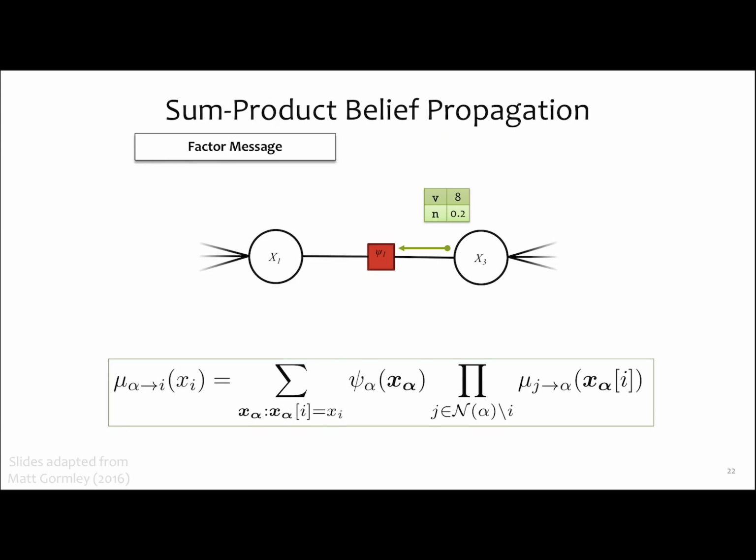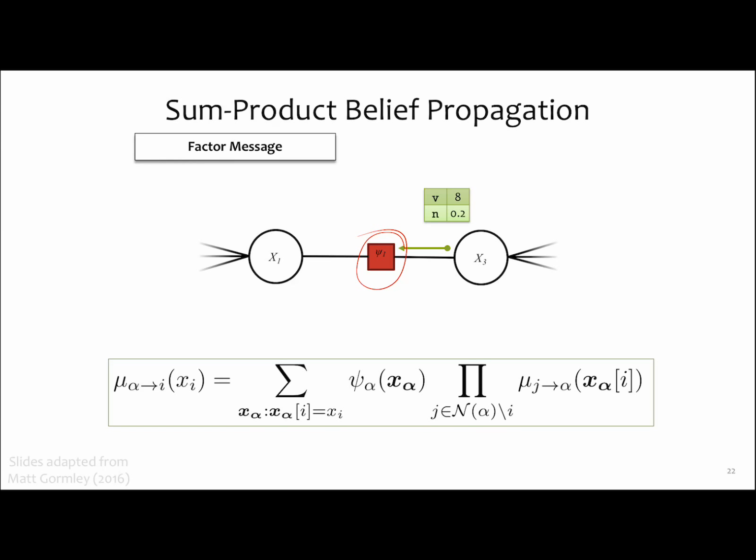So now let's say that a factor wants to send a message to one of the random variables. The way it works is that it gets all of the messages from the random variables around it, multiplies them with the factor, and integrates out the rest of the random variables that are not in the same set. Let me give you an example. Let's say this factor is receiving a message from x3.